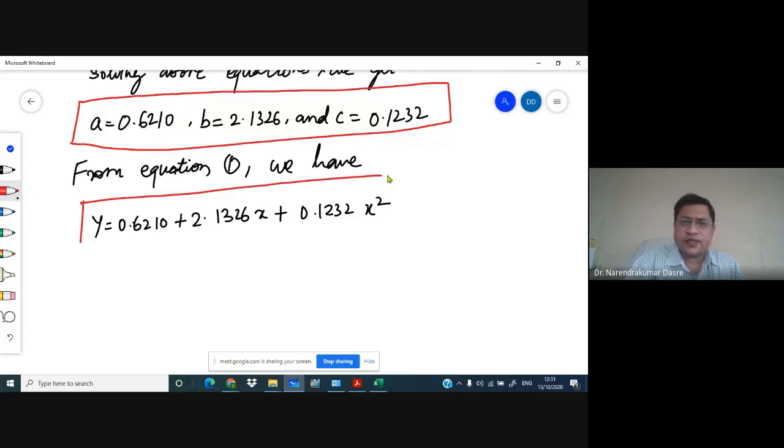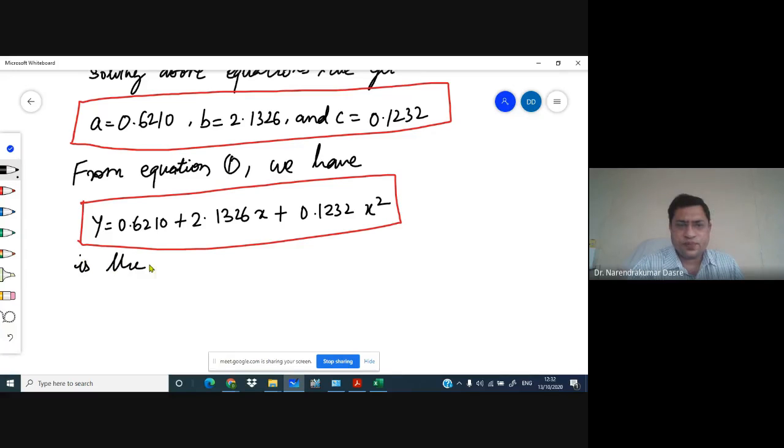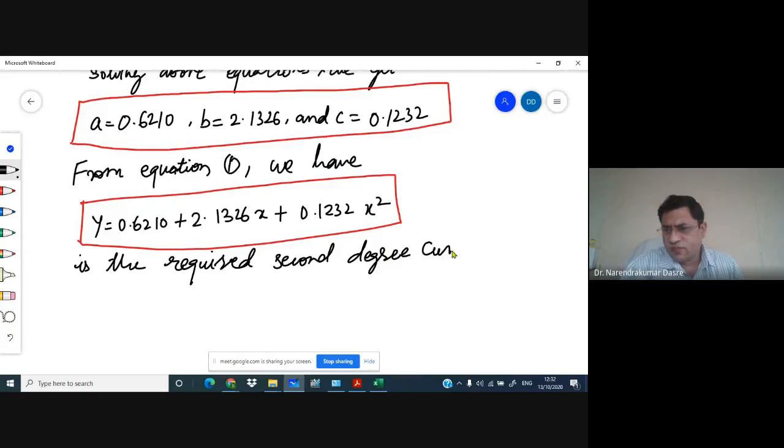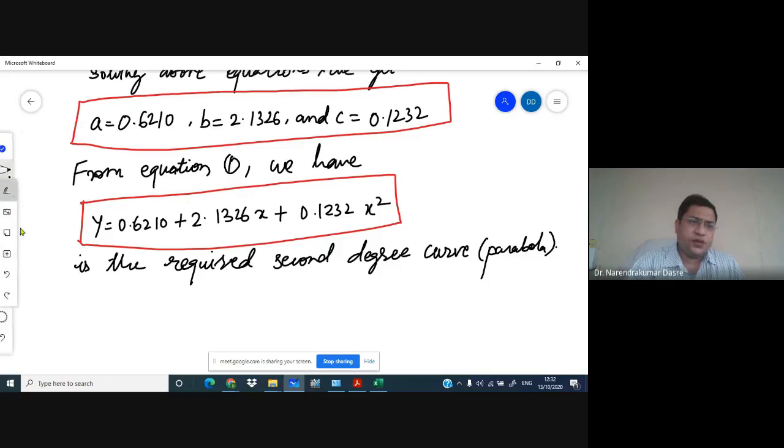And this is the parabola. So we can say this is the required second degree curve, which is a parabola.